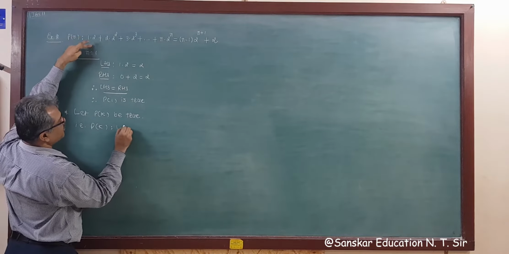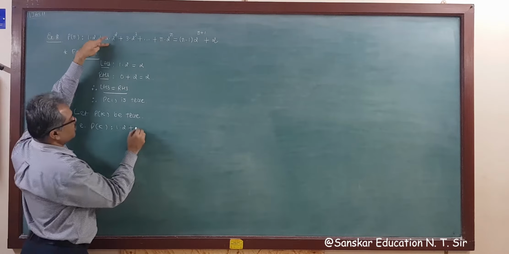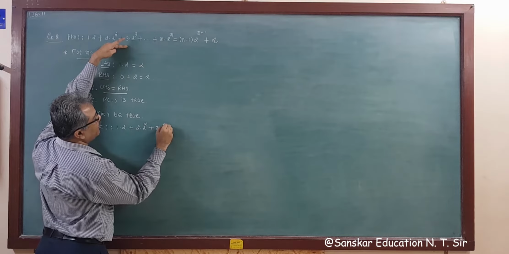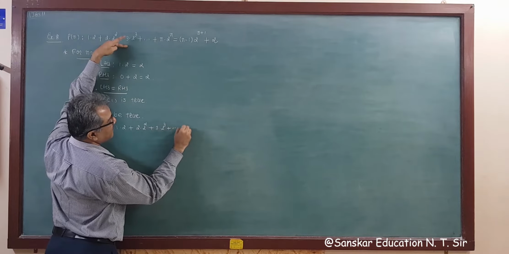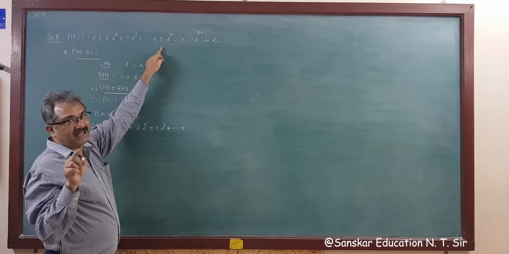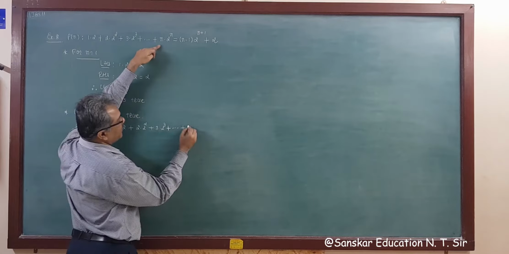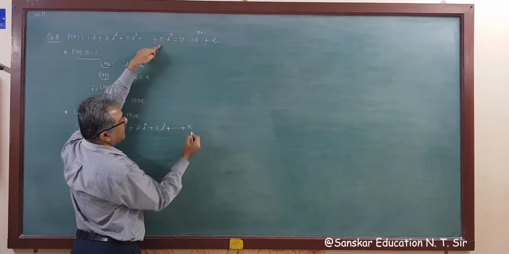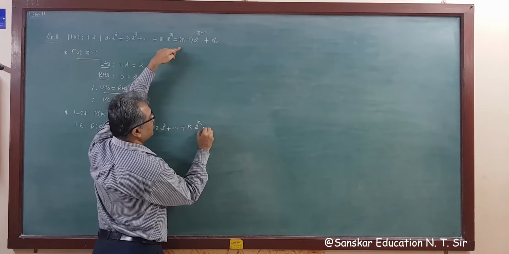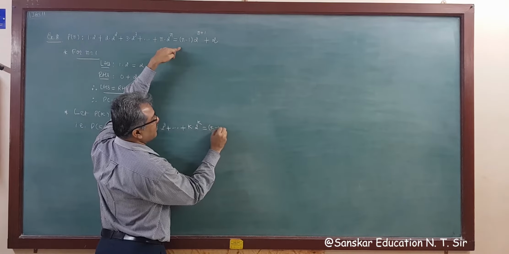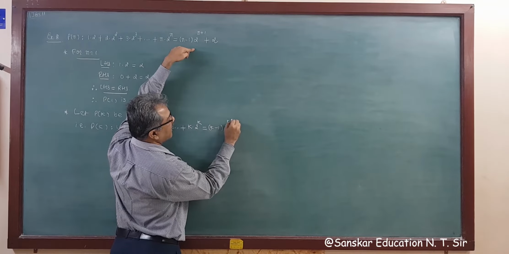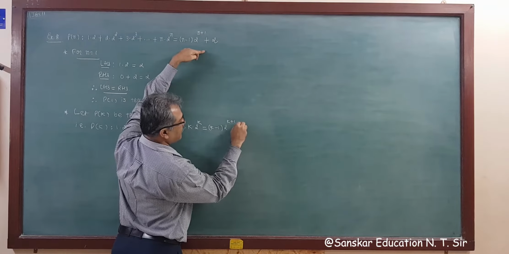This is 1 into 2 plus 2 into 2 square plus 3 into 2 cube plus ... plus k into 2 raised to k is equal to (k minus 1) into 2 raised to k plus 1, and then plus 2.